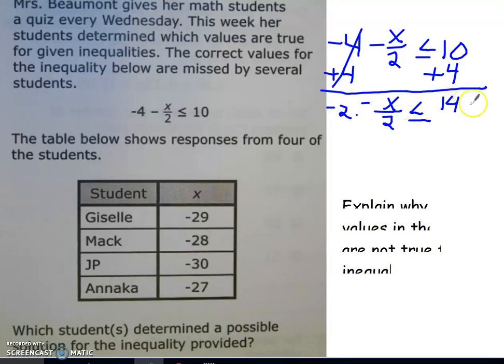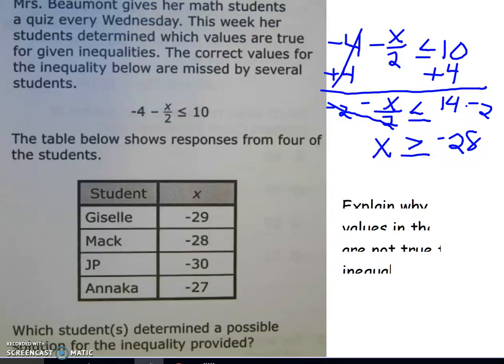I'm going to multiply both sides by -2. This is going to cancel out. The inequality is going to flip. 14 times -2 is -28. So it has to be greater than or equal to -28.